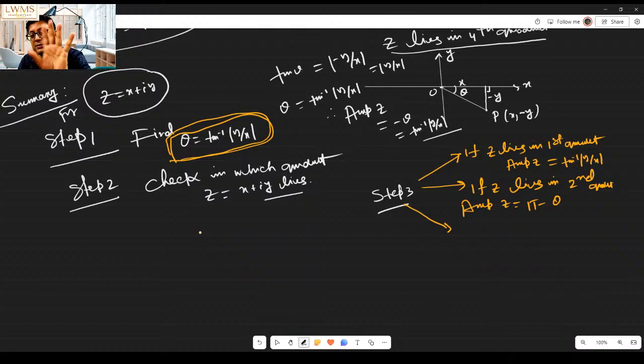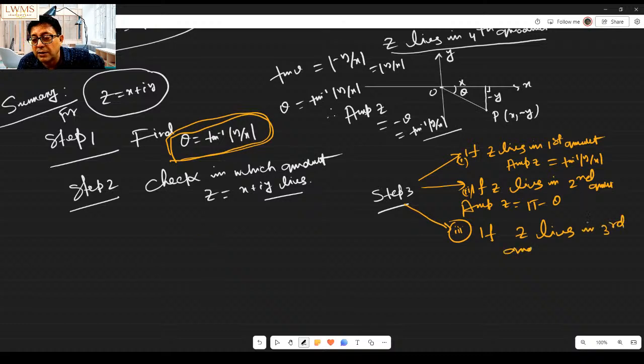This is case 1, case 2, and this is case 3. If z lies in the third quadrant, then amp z is what?